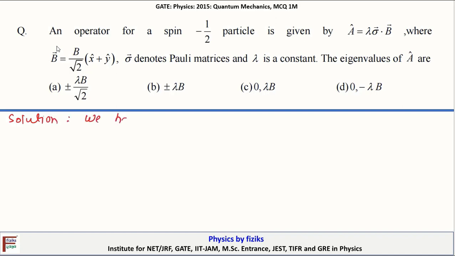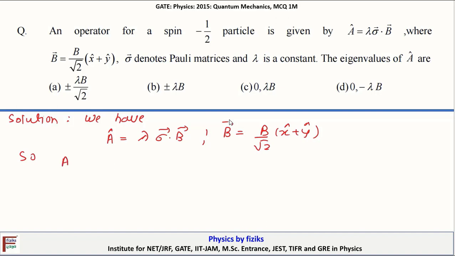We have A equals lambda sigma dot B. Further, B is defined as B by root 2 (x cap plus y cap).